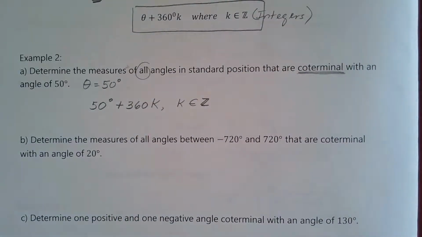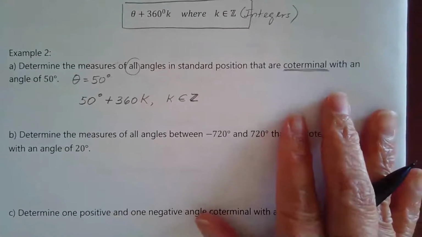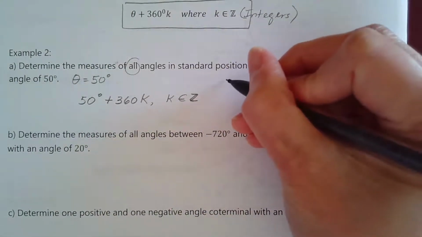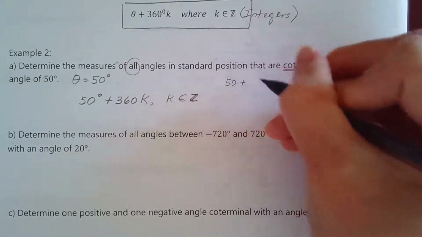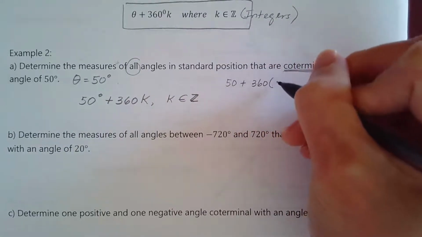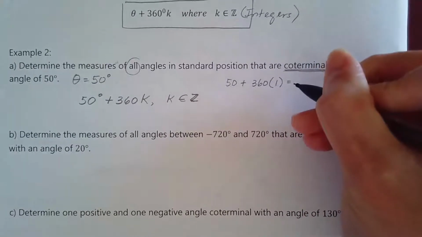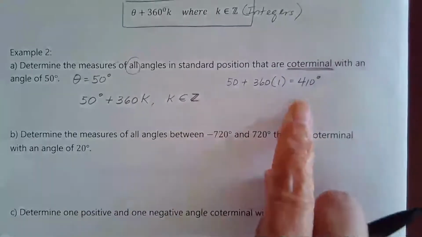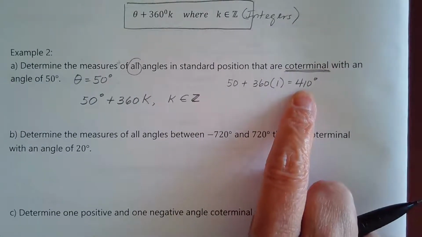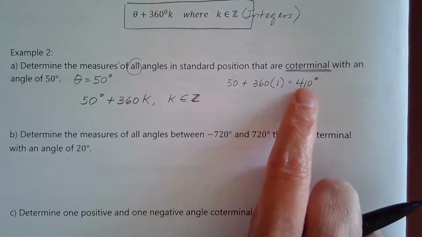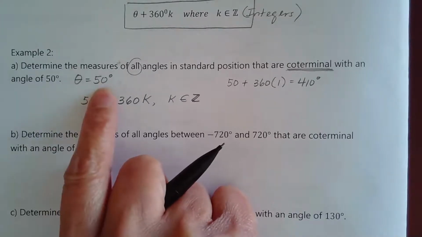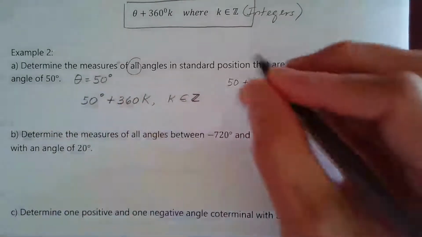Okay, so I'll give you some possibilities in here. It's going to be 50 degrees plus 360 times 1. That's going to give you 410 degrees. So if we actually graph 410 degrees, it will land in the same place as the angle 50 degrees.